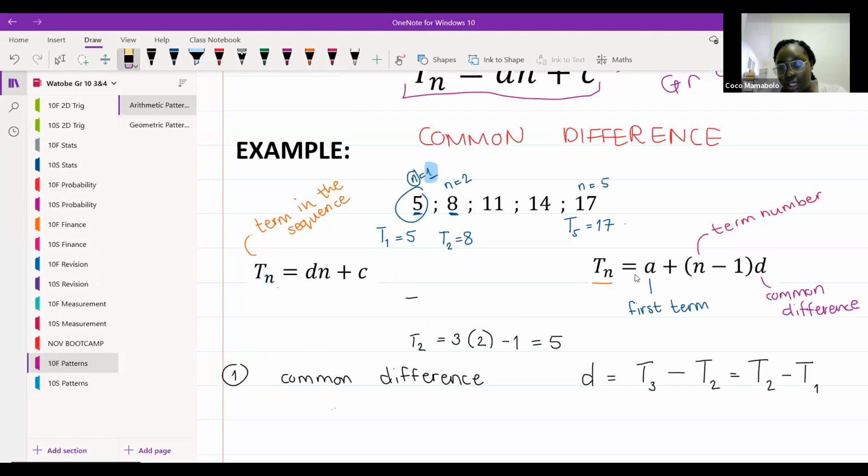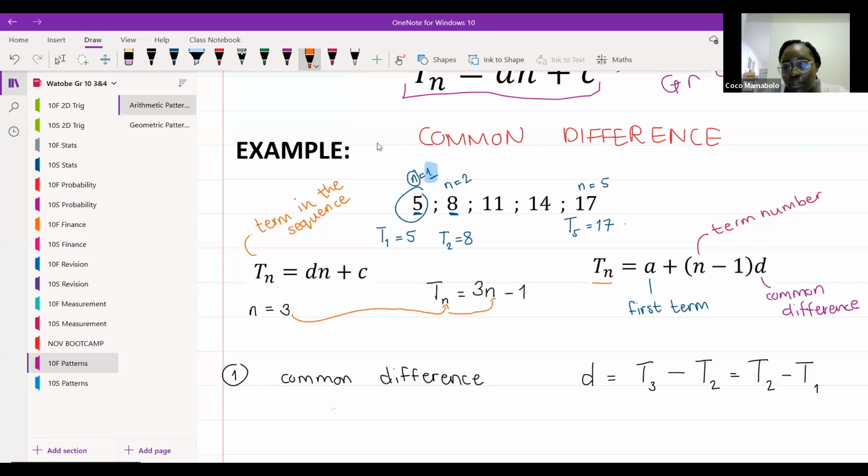All right, so for Chifaro and for Oratilwe, look at the formula that ma'am has just given you. Let me rewrite it. Tn is equal to 3n minus 1. Now, if I say to you guys that my n is equal to 3, we are going to take this 3 that I've given you, and put that 3 into wherever I see an n in my formula.